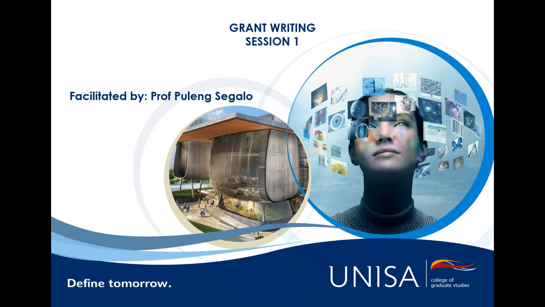It is going to be important for you to attract funding so that you can have your own funding to be able to work on various projects that you may be interested in.